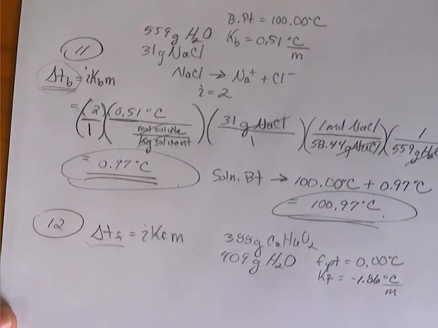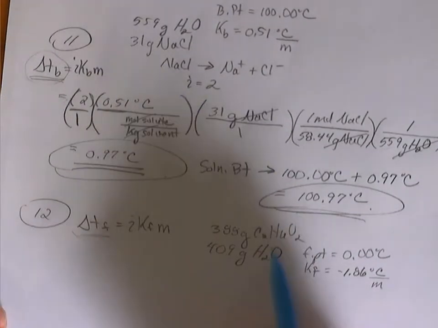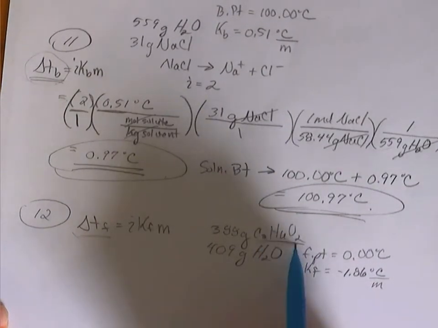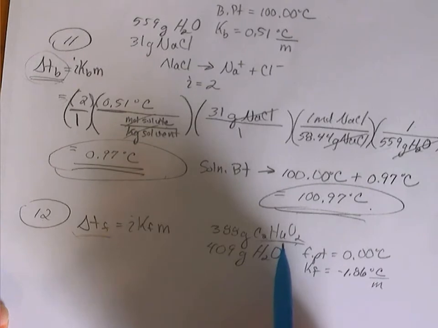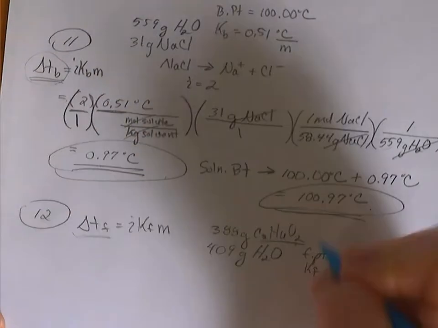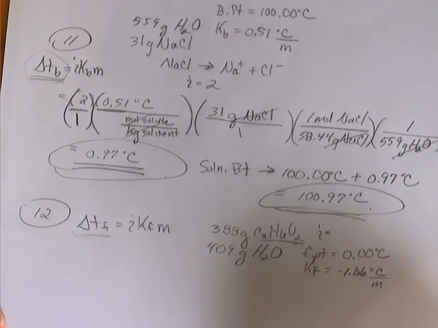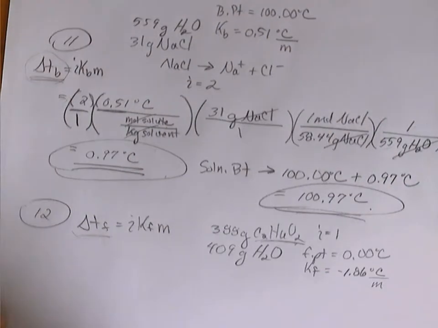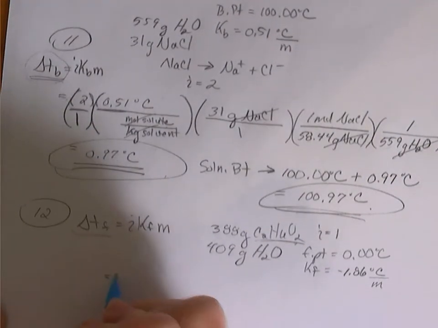Okay, so let's plug and chug. Now, they told you in the problem, but you need to be able to conclude yourself, because this is a covalent molecular solute, does not dissociate or ionize. Van Hoff factor is 1. So our i value is 1.